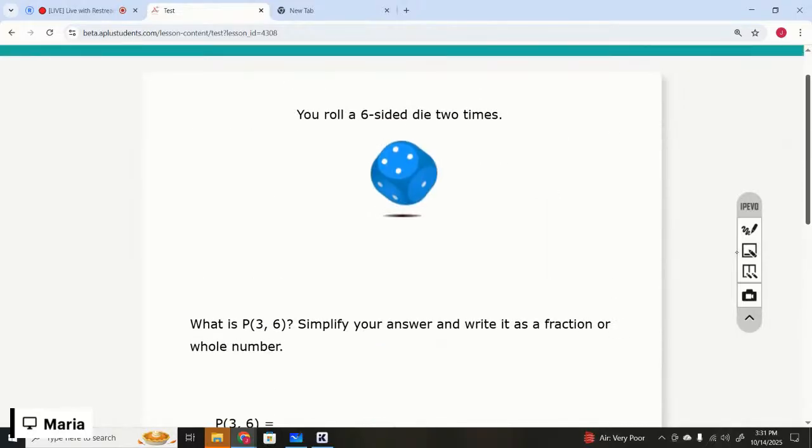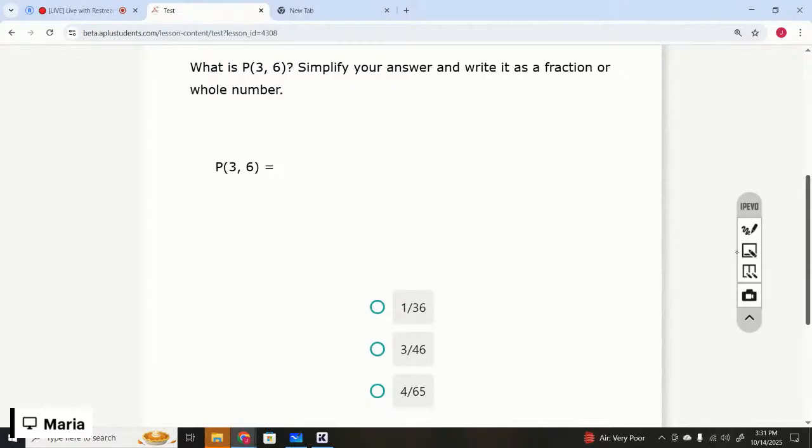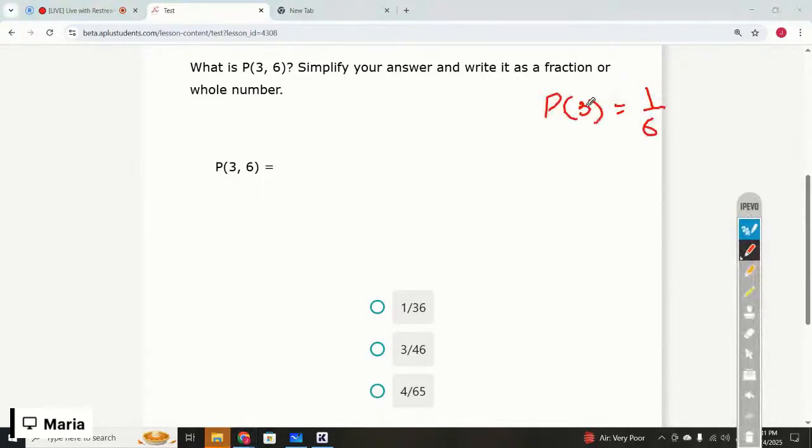A six-sided die two times, what is the probability of 3? So the probability of 3 is 1 out of 6 because you have only one choice out of 6. Now the probability of 6 is also 1 out of 6. So the probability of 3 and 6 is 1 by 6 times 1 by 6.